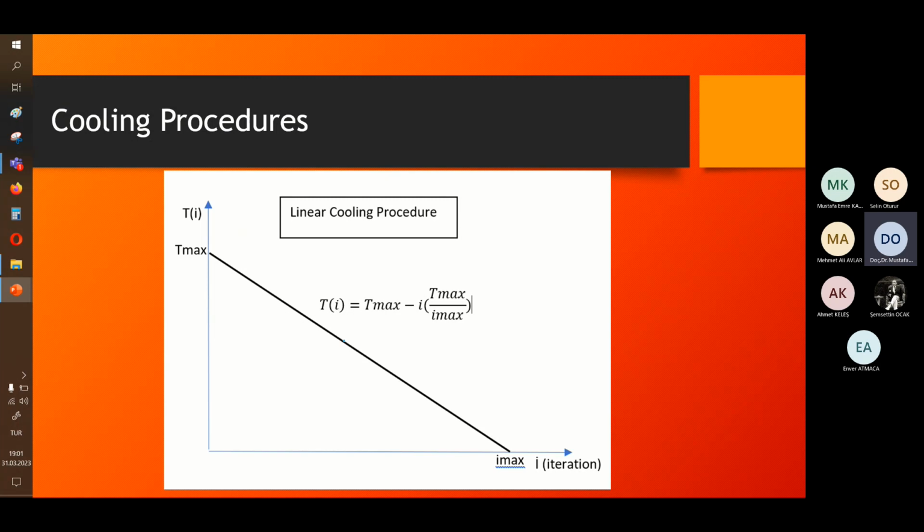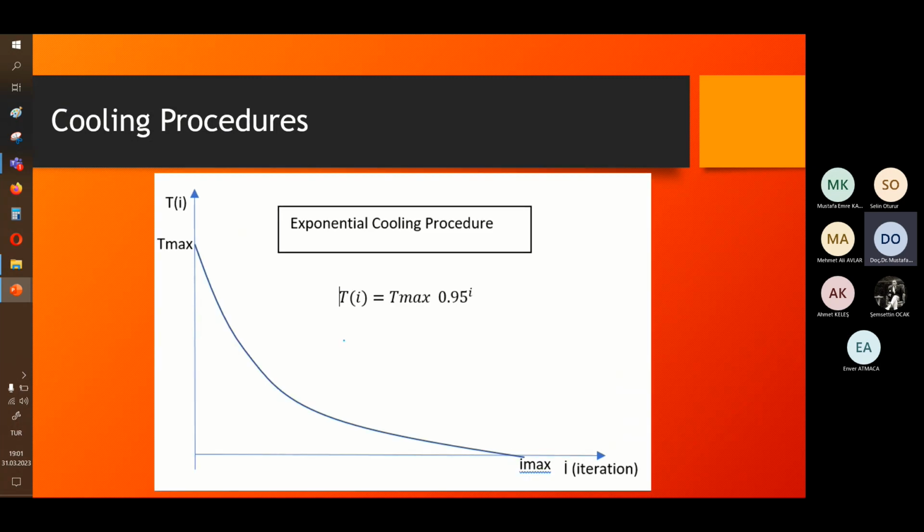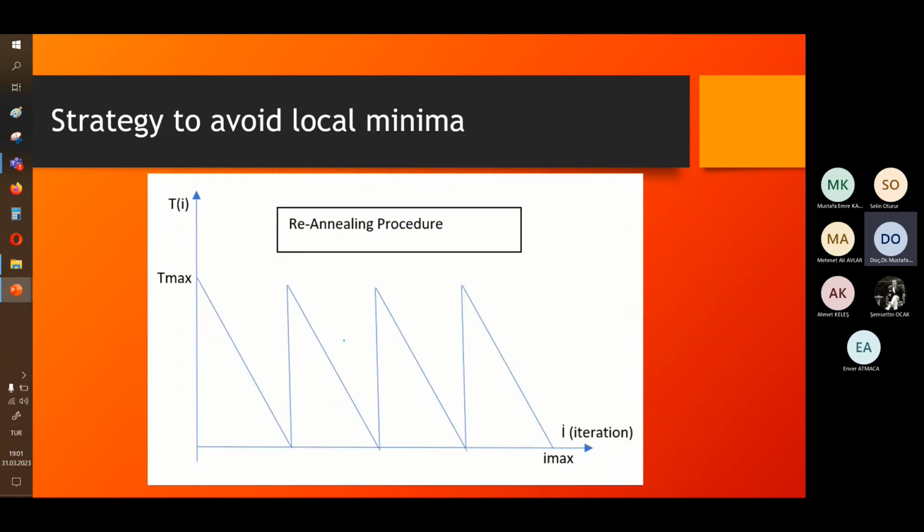We already talked about the cooling procedure. I don't want to repeat myself. And one last thing, the re-annealing procedure. What is re-annealing? Imagine that we have 1,000 iterations. We determined that we will be running the simulated annealing algorithm with a loop which has 1,000 iterations.